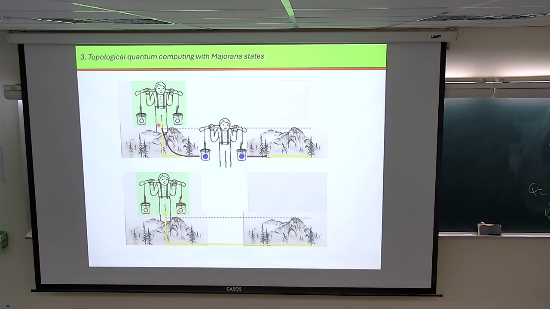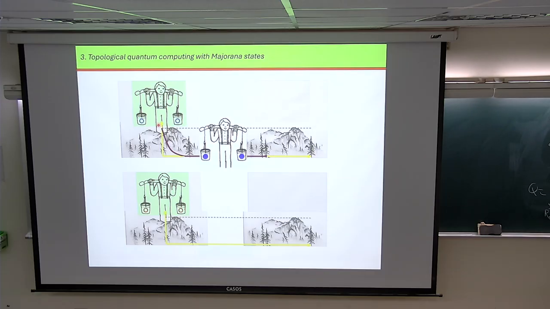But when you are there, because you also have zero energy, it doesn't cost any energy to fill your buckets. Your state can get filled from the Cooper pairs, or it can be empty if your operation doesn't allow filling. So essentially you have a 50-50% probability that they will be empty or not.